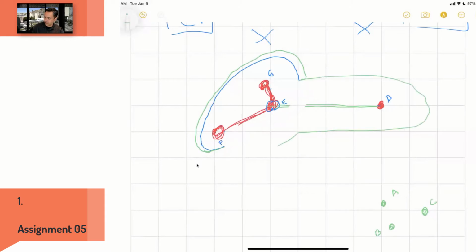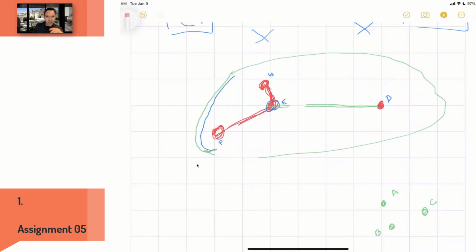So this is my full graph. And what I am going to look at is the dots. Which of the dots is the closest one to this big picture here? So any dot of the ones that are disconnected that is closest to any of the dots in my graph.